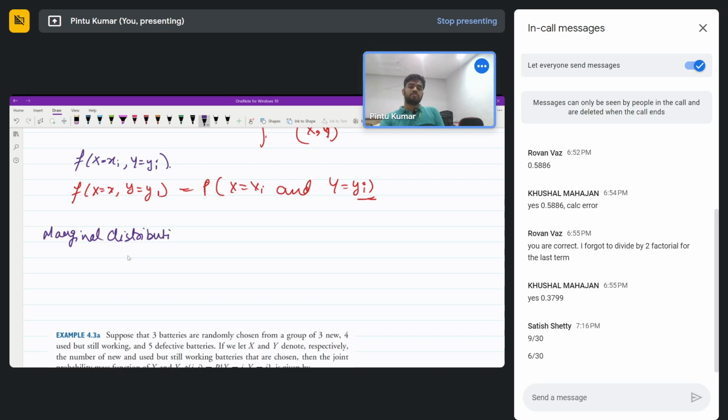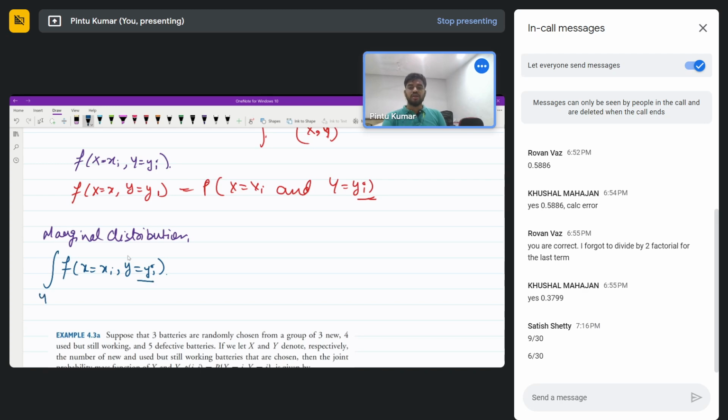This f of X equal to Xi, Y equal to Yi gives you the distribution of X being Xi and Y being Yi. Let's say I take a summation or integration, whichever is possible, if it is discrete or continuous, with respect to one of the variables.